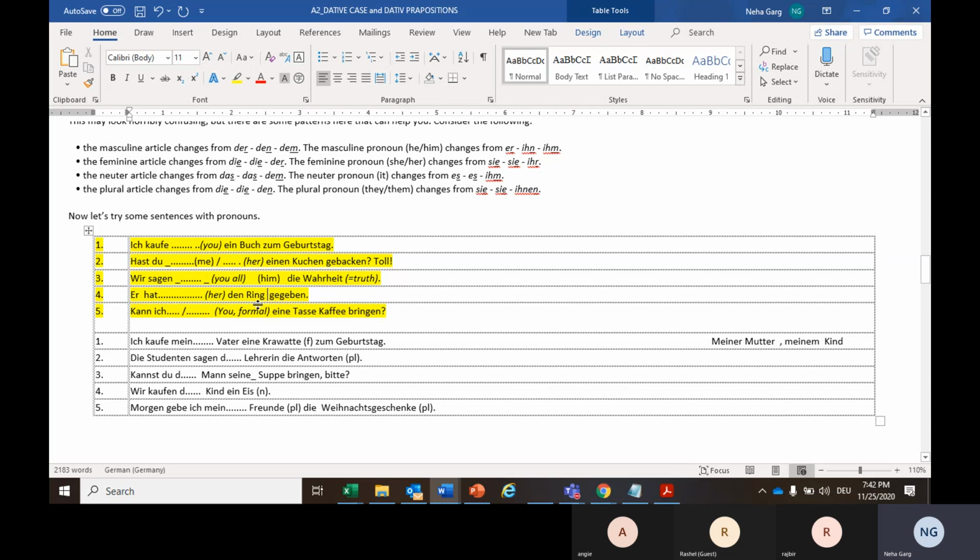Here we have some blanks which we have to fill in as per the dative pronoun cases, the table which you have just written. The English meaning is written in the bracket already. You have to understand the meaning and write the pronoun in dative accordingly. So again, let's follow the same circle. Rajveer, can you read the first sentence for us?